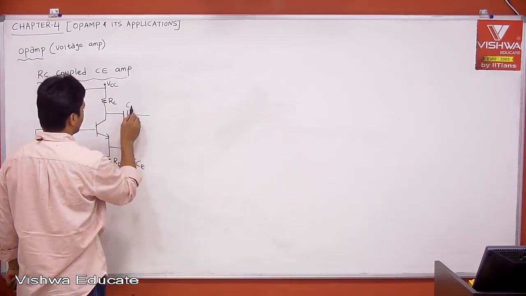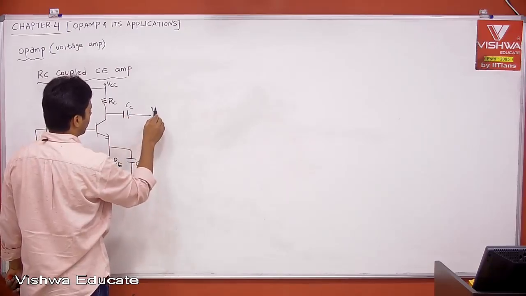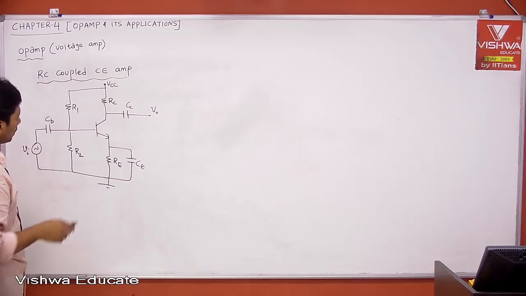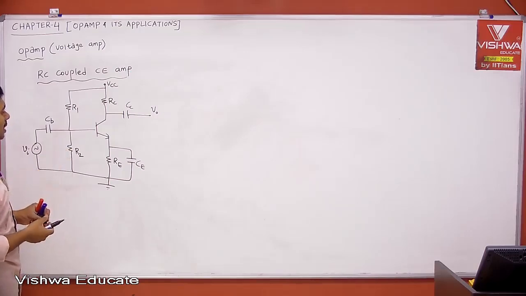And this is your coupling capacitor and this is your output. Okay. And the load is connected. And here the input is there. Okay. Now, what is the limitation of the RC coupled CE amplifier?